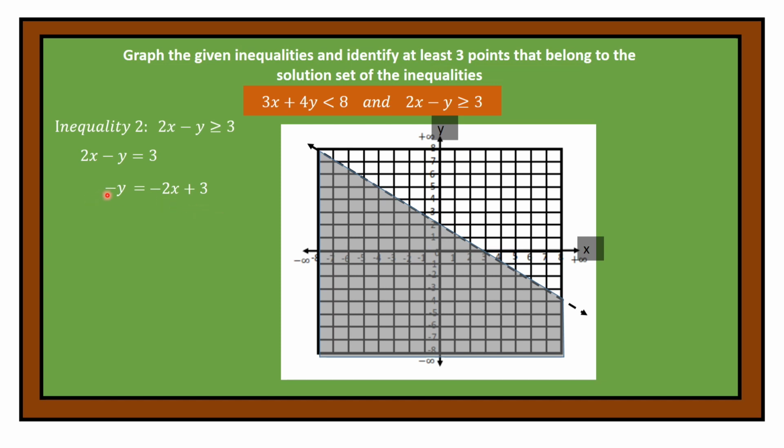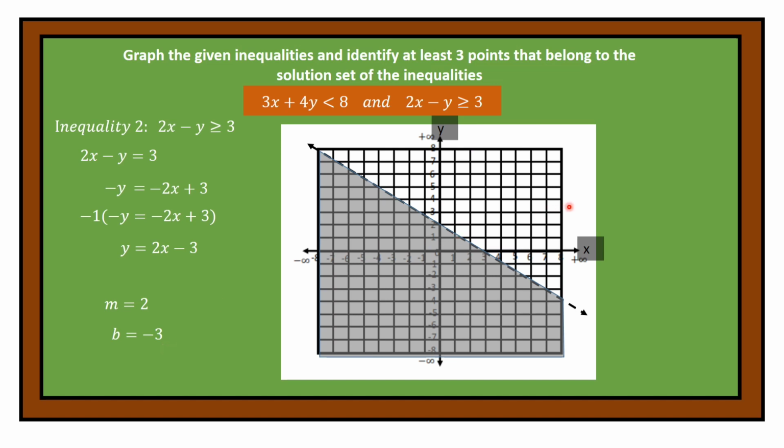Since meron tayong negative as coefficient of y, so we have to multiply the whole equation by negative 1. So negative 1 times negative y equals negative 2x plus 3. So the answer is y is equal to 2x minus 3. So ito na yung ating slope-intercept form. So ang slope natin is equal to 2 at ang y-intercept is equal to negative 3.